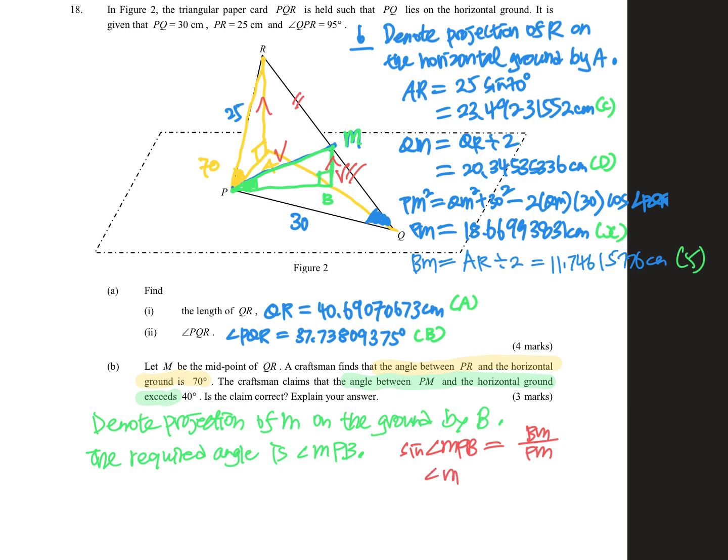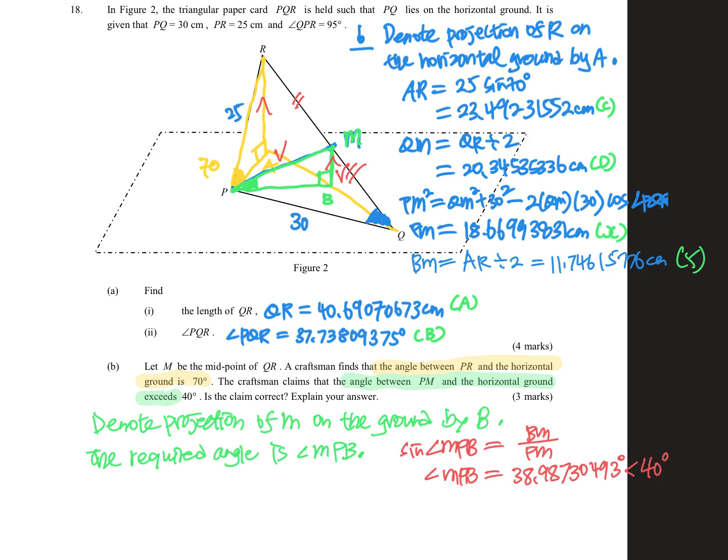So angle MPB is the inverse sine of Y over X, which will be 38.98730493 degrees. And this is less than 40 degrees.